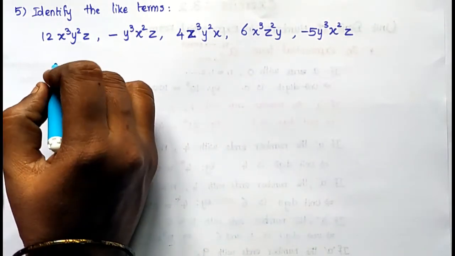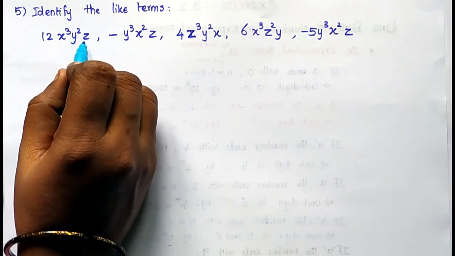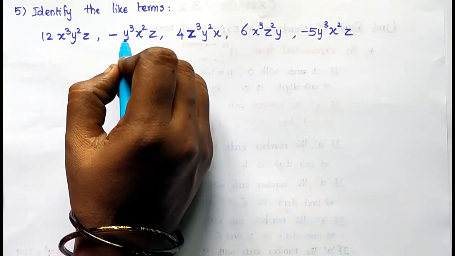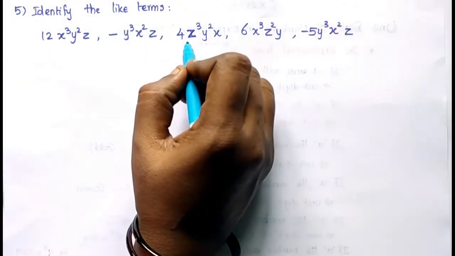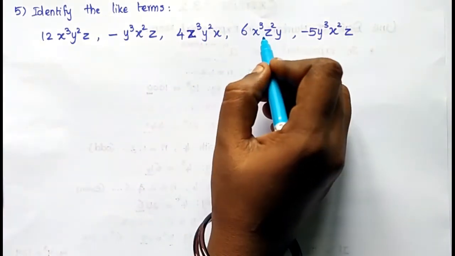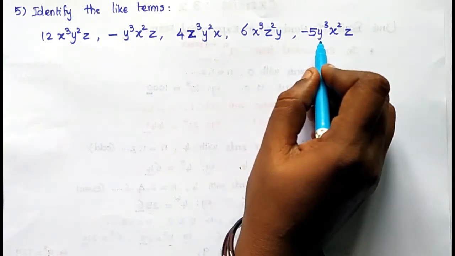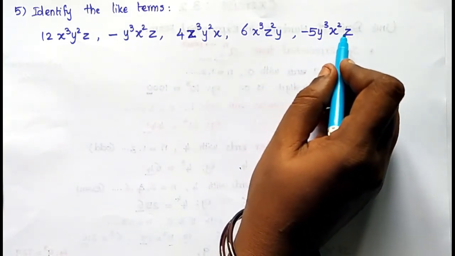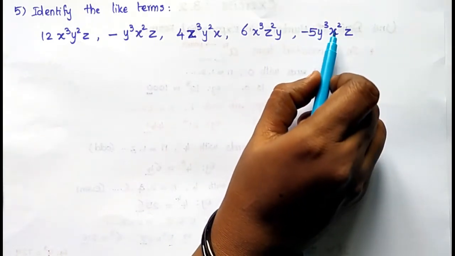So here 12x cube y squared z, comma, minus y cube x squared z, 4z cube y squared x, 6x cube z squared y, minus 5y cube x squared z. Listen, y cube x squared z.